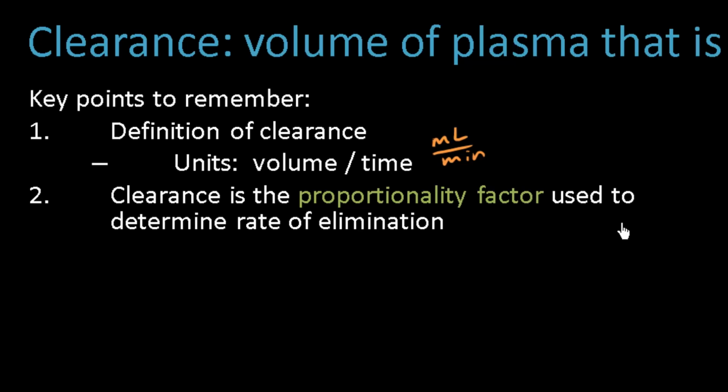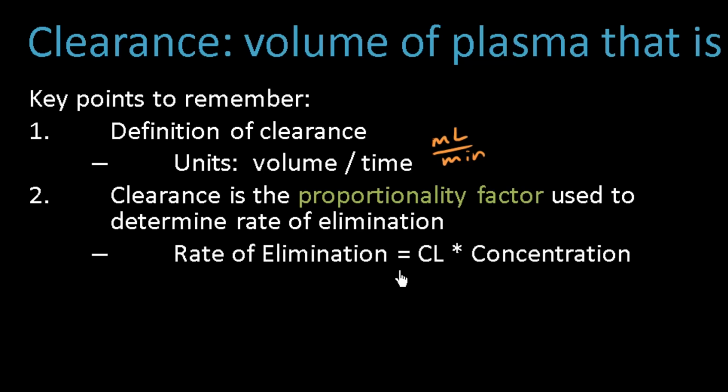This is a definition used in many textbooks. So what do I mean? Well, if I wanted to figure out the rate of elimination, what I need to do is take that clearance and multiply it by the plasma drug concentration. Let's talk about this for one moment. So the rate of elimination of a drug is the amount of drug being eliminated per unit time.